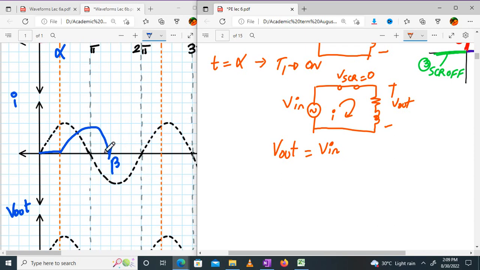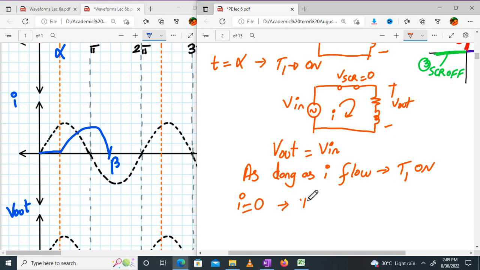So as long as the current is positive, my SCR will conduct. So as long as I flows, your T1 is on. When will it turn off? When current reaches 0. So as soon as I is equal to 0, your T1 is off again.